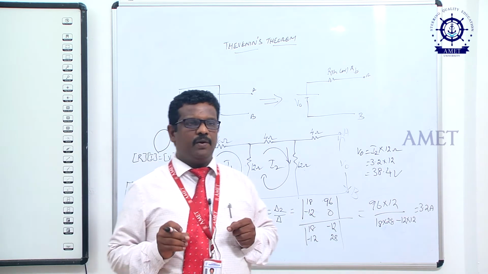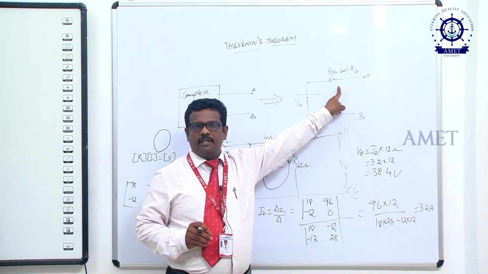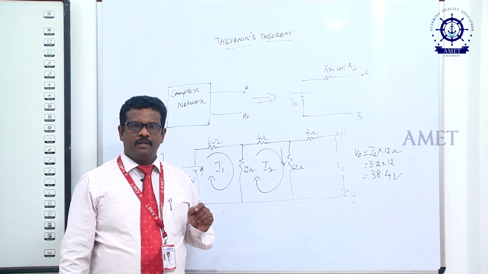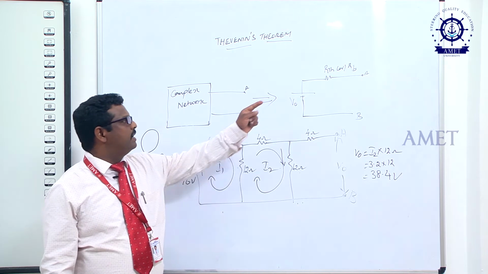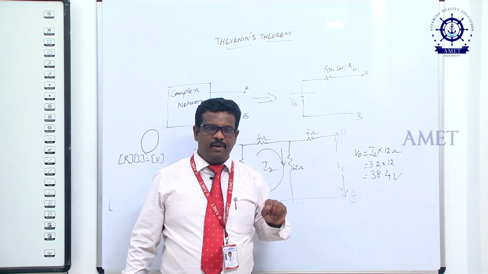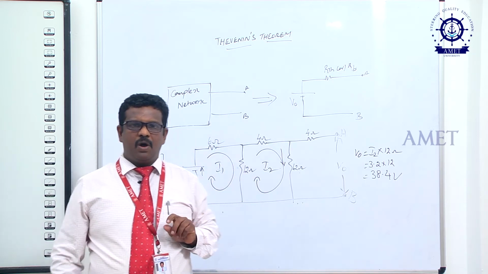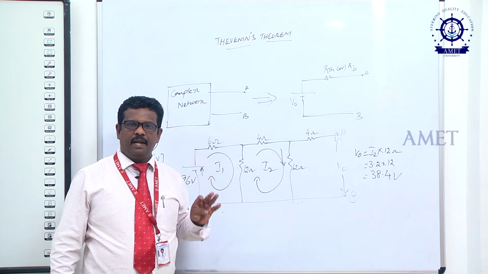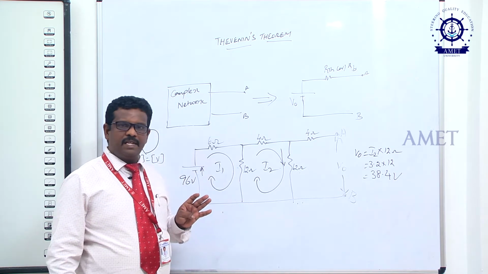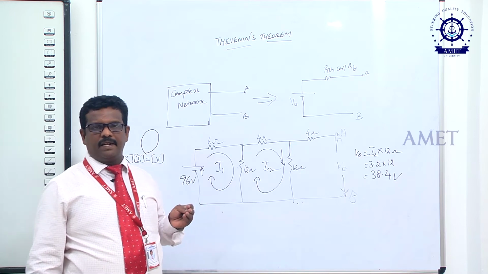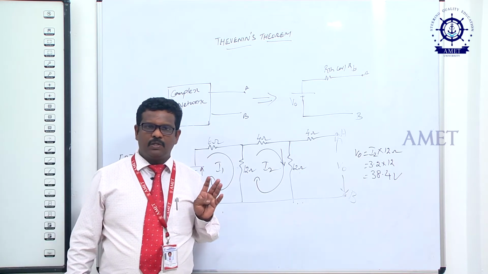Now we are going to find the other one, that is called the Thevenin's resistance or looking back resistance. Second, steps to find out the Thevenin's resistance. How to find out the Thevenin's resistance? Very simple. Replace all the sources by their internal resistance. If the internal resistance has been given, you connect that one and replace the sources.